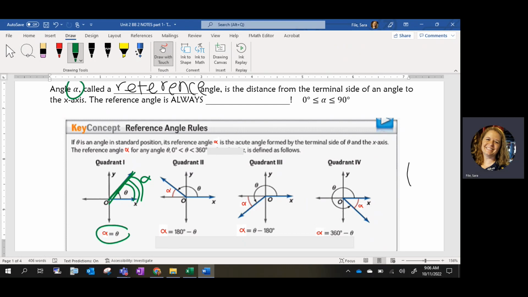But in quadrant 2, your terminal side over here, you're closer to the x-axis right here, and you can see where it's marked as alpha in red, because you're closer to the negative side of the x-axis. So theta is this obtuse angle, and the reference angle alpha is this acute angle.